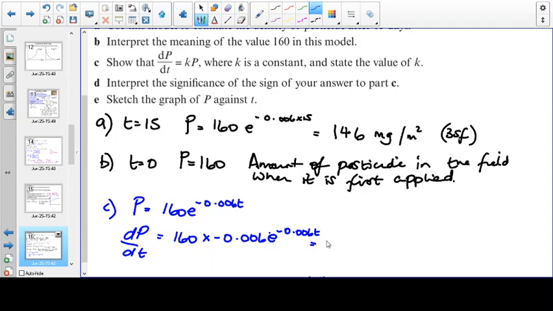So 160 times negative 0.006 is negative 0.96 e to the negative 0.006t.